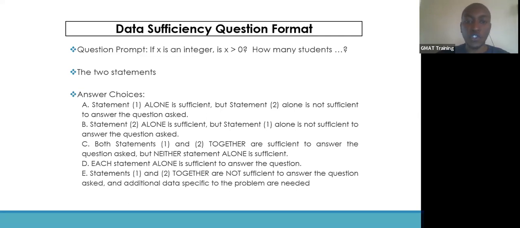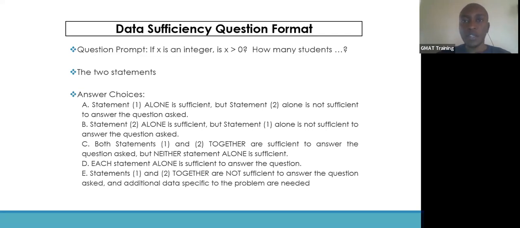C: both statements 1 and 2 together are sufficient to answer the question asked, but neither statement alone is sufficient. D: each statement alone is sufficient to answer the question. And E: statements 1 and 2 together are not sufficient, and additional data specific to the problem are needed.